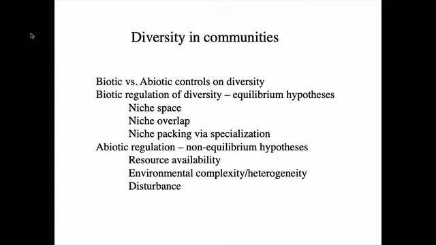And what we saw last time was that communities that have more species at the local level tend to have one of two things. They either tend to have more niche space, which was exemplified by the morphological diversity of those bats that we saw.